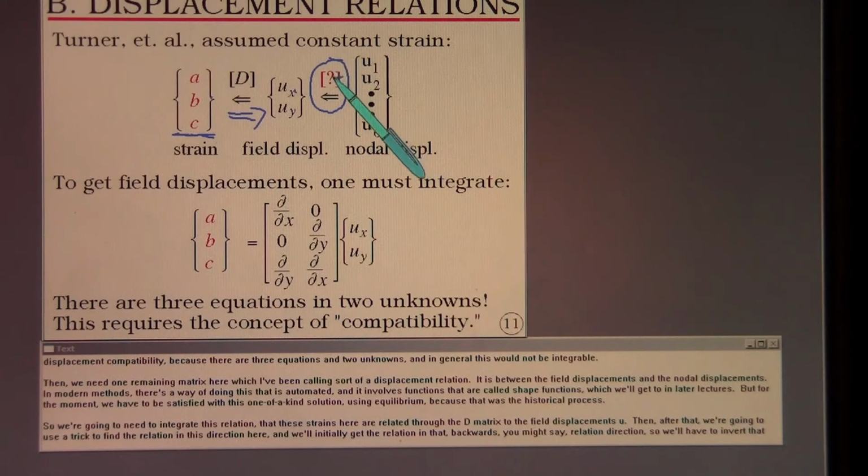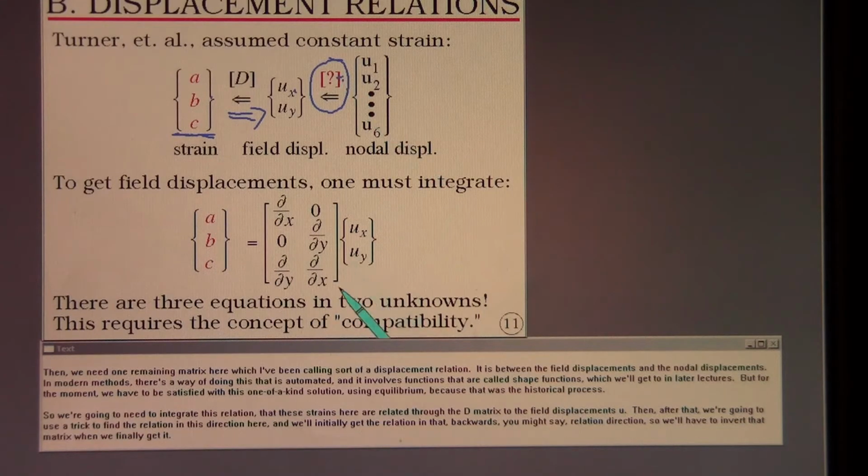But for the moment, we have to be satisfied with this one-of-a-kind solution using equilibrium, because that was a historical process. So we're going to need to integrate this relation, that these strains here are related through the D matrix to the field displacements U.